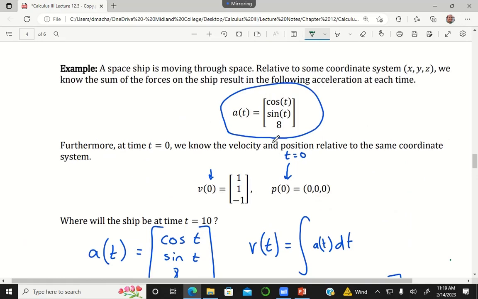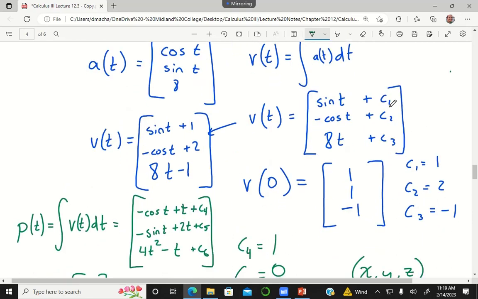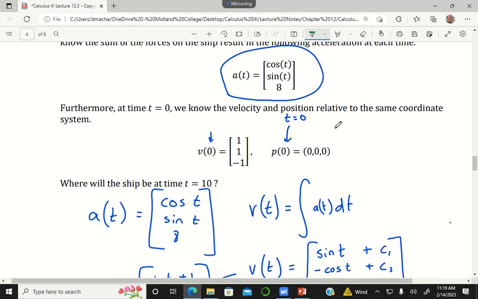Really, the interesting part about this problem is just remembering that velocity is going to be the antiderivative of acceleration, and position is the antiderivative of velocity. Each time you take an antiderivative, you can always throw in those constants. You can add a constant to each component of your vectors. And then you can figure out what those constants should be if you're given these.